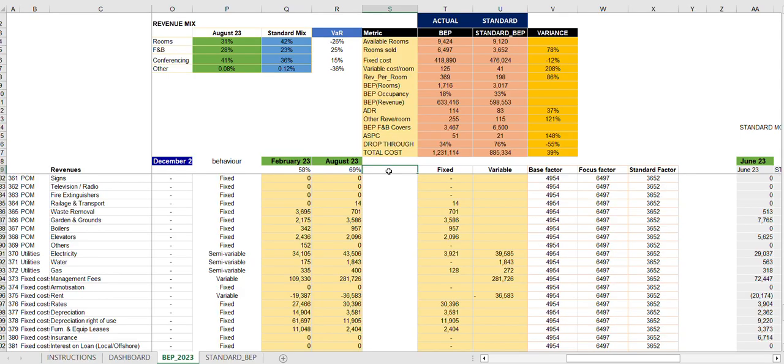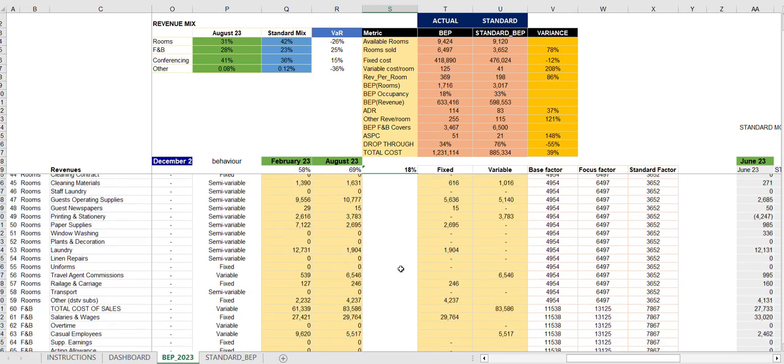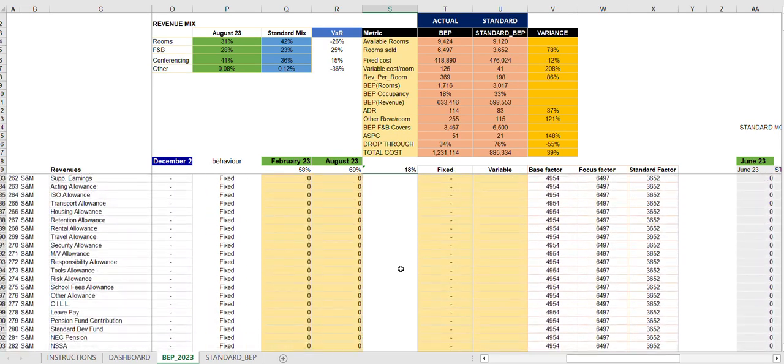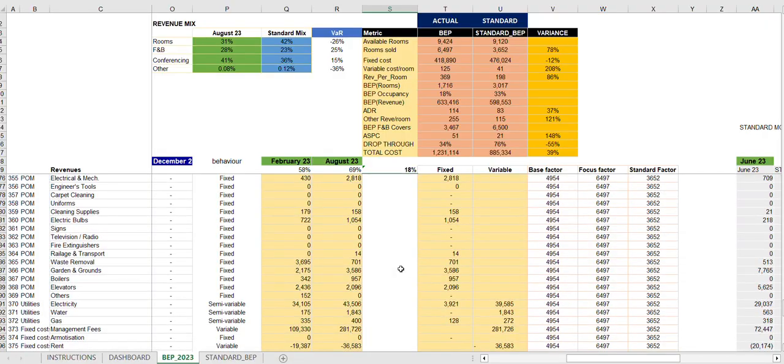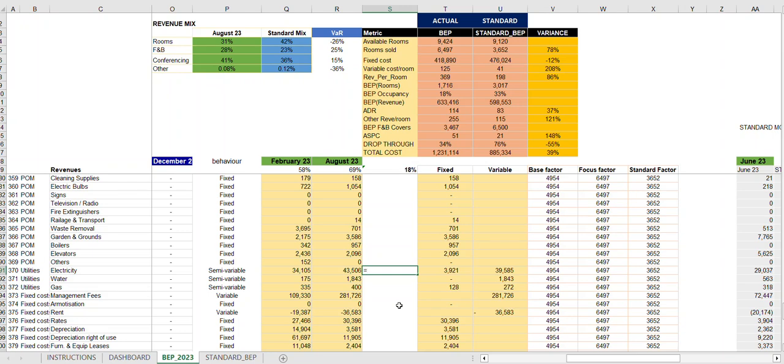For example, here the occupancy increased from 58 to 69. So this is 18%. And the same variable here, it increased by 43 from 34. So this is 27%.